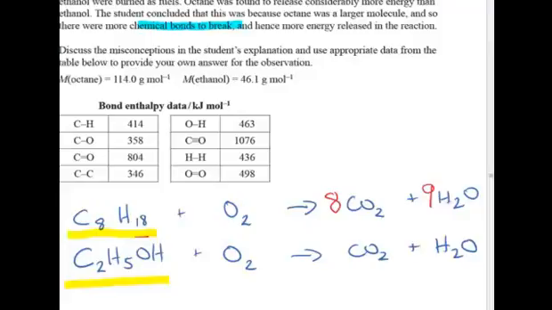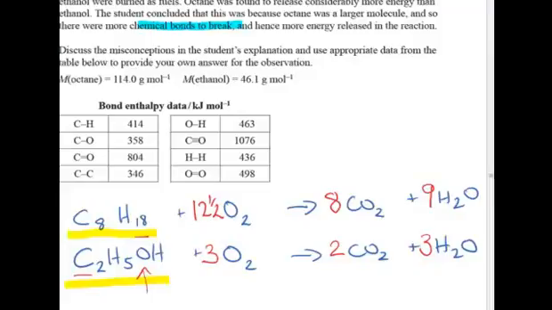Then we've got 16 oxygens plus 9, that's 25, so that's 12 and a half oxygens on this side. We've got 2 carbons here, so we put 2 here. We've got 6 hydrogens, so we put 3 there. That means we've got 7 oxygens on that side, but we've got 1 here, so we only have to put a 3 there, and those are now balanced.